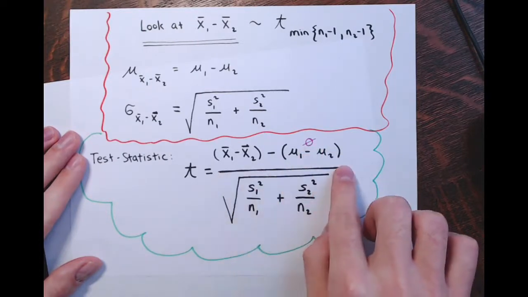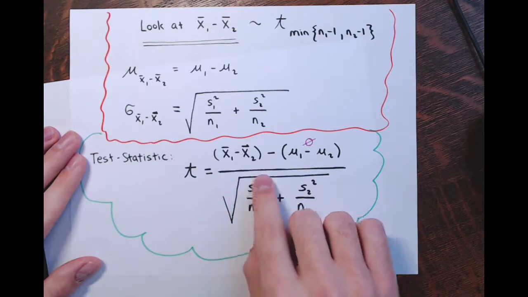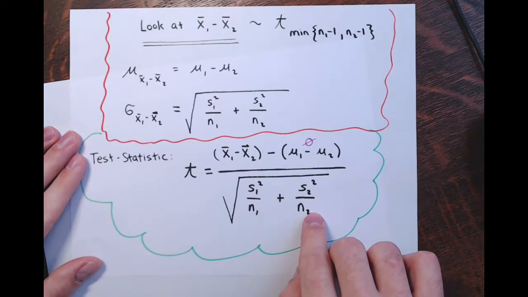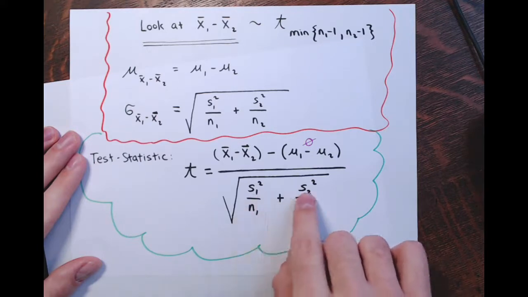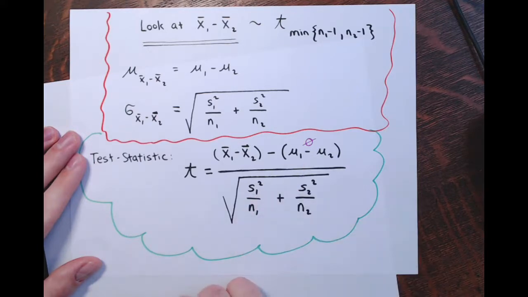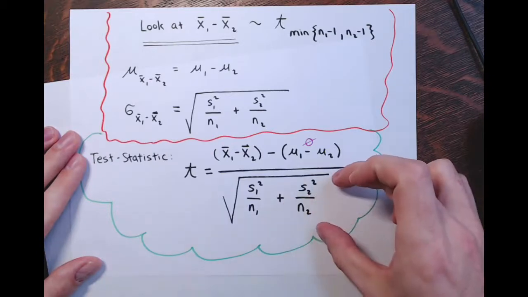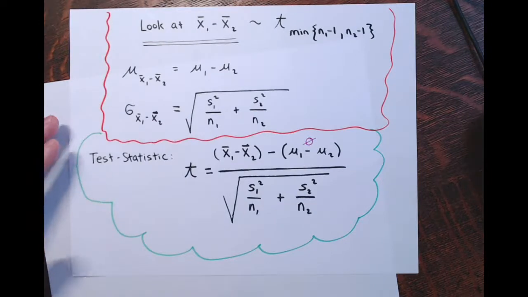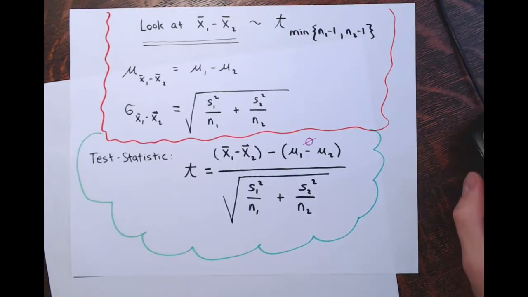And then all this divided by the square root of s1 squared over n1 plus s2 squared over n2, where s1 and s2 are the standard deviations of the samples. And this here was the standard deviation of the distribution of x1 bar minus x2 bar. So hopefully you saw the first video in which I wrote all this out. I'm just going to go into calculating the test statistic in this particular video, nice and quick.